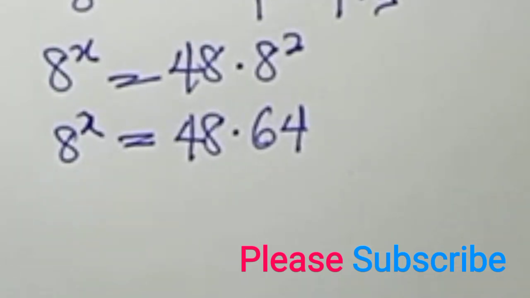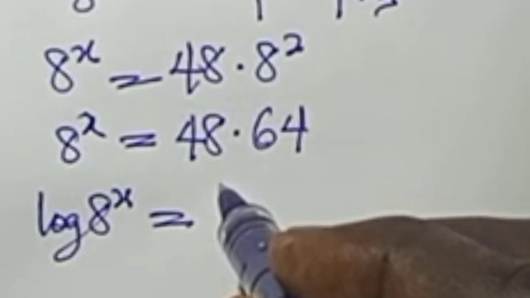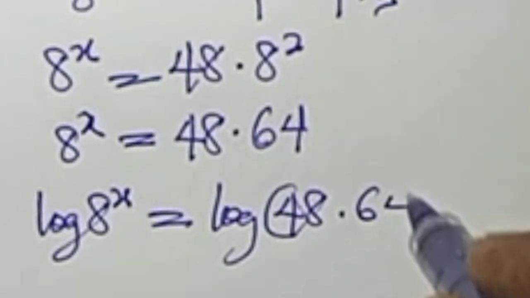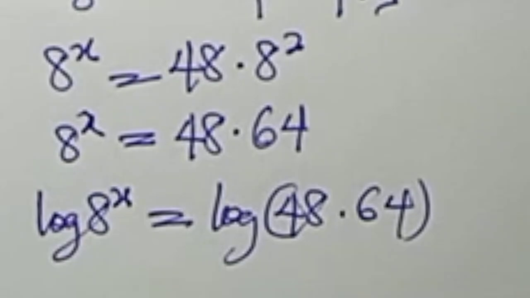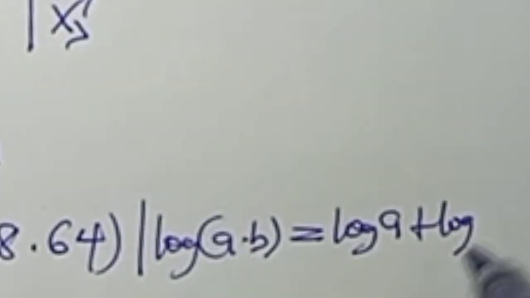So if we take log on both sides, it becomes log 8 to the power of x equals log of 48 times 64. But log of a times b is equal to log a plus log b.